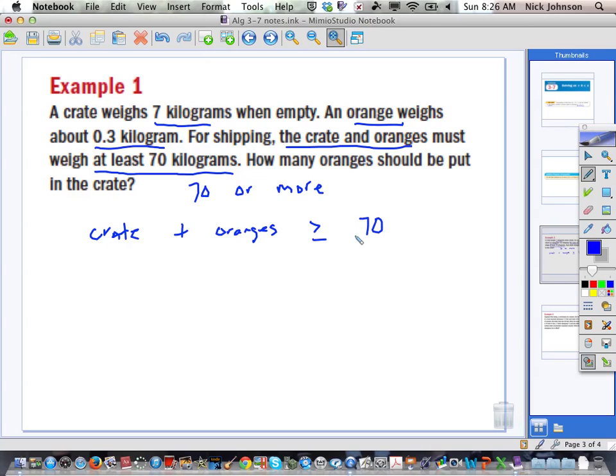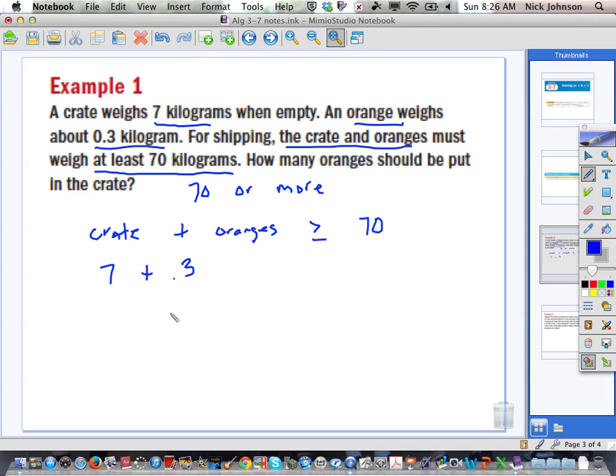Okay? So, how much does the crate weigh? Well, the crate weighs 7 kilograms. How much does the orange weigh? An orange weighs 0.3 kilograms. So, plus 0.3.